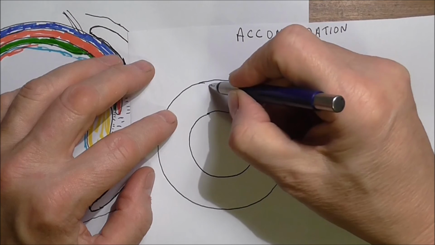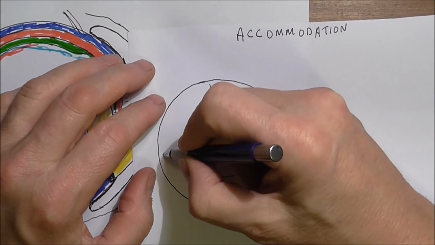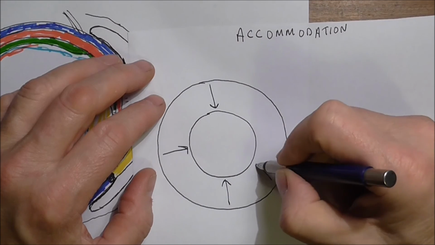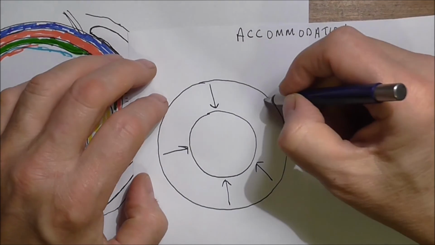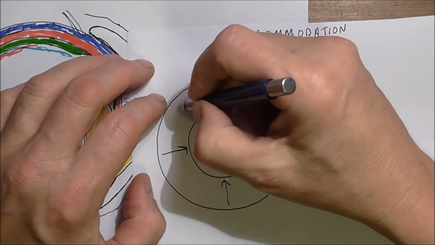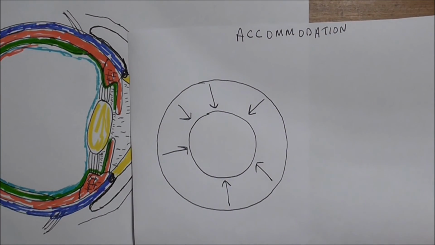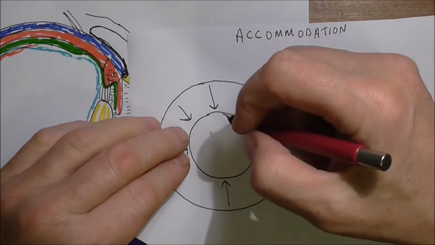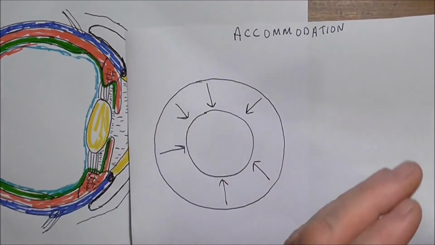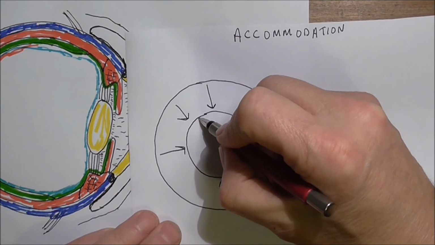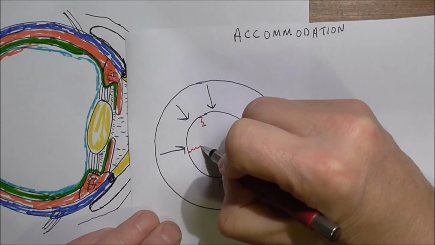It's going to increase the thickness of this ring here. It moves in like this. And we had the suspensory ligaments, but because now the ring has moved in, there's less pressure on the suspensory ligaments. So these are now loose.